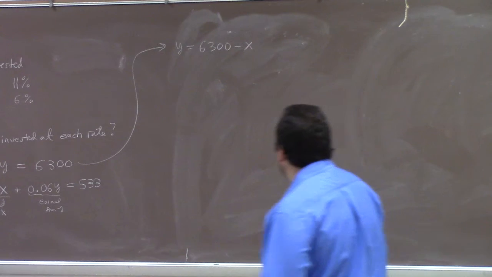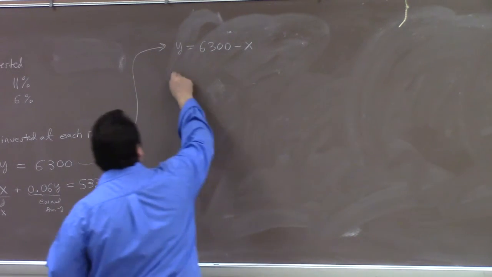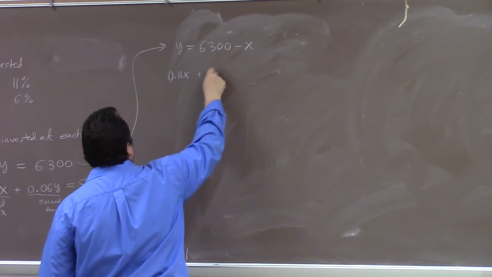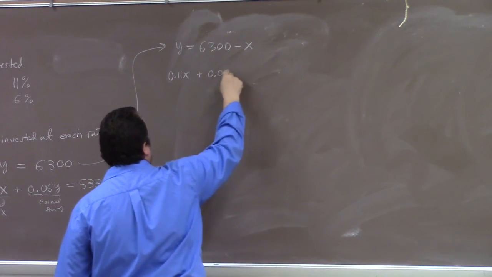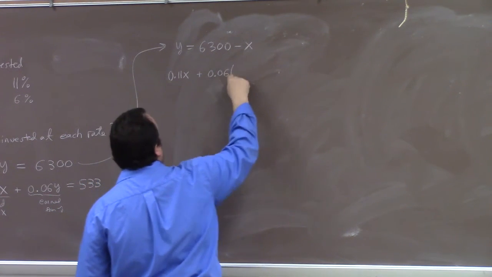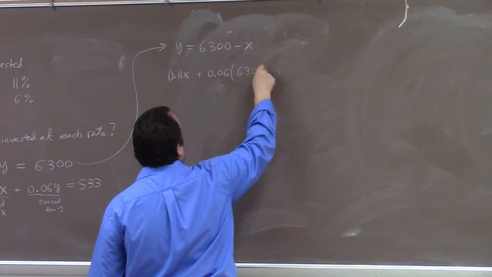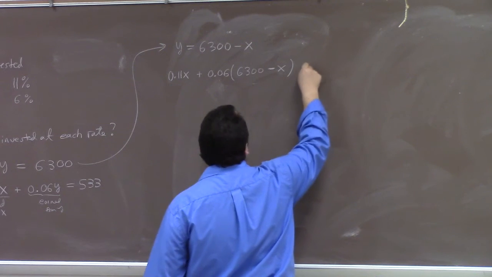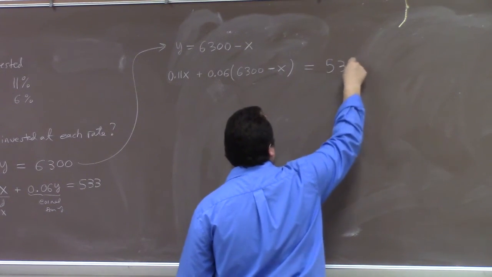And so then we've got 0.11x plus 0.06y, which is 6,300 minus x, equals 533.